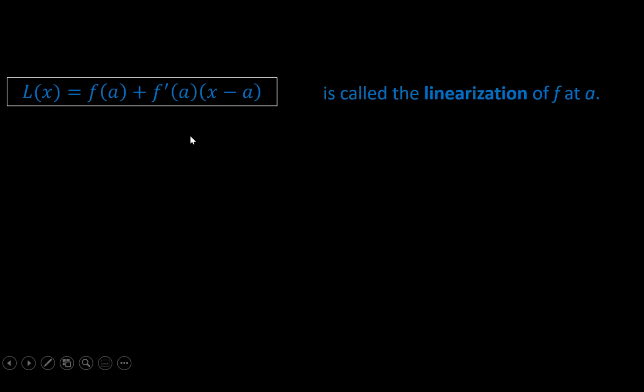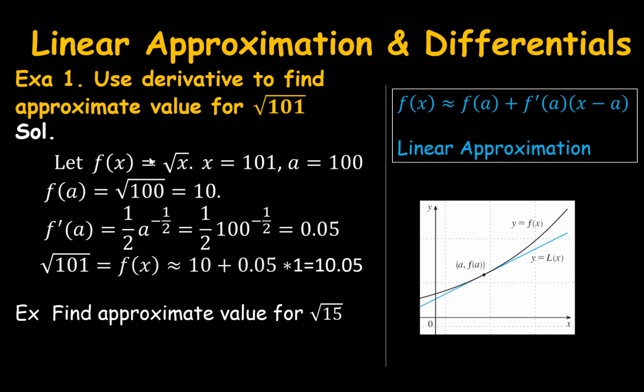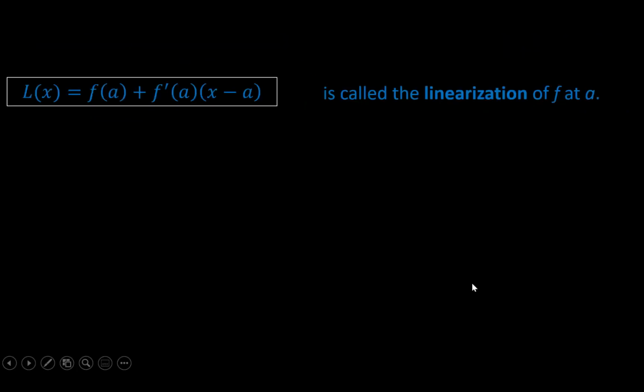This is the straight line function that we have. It's this straight line equation. This function is called the linearization of f at a. You have a curve, but you use this linear line to approximate the curve.